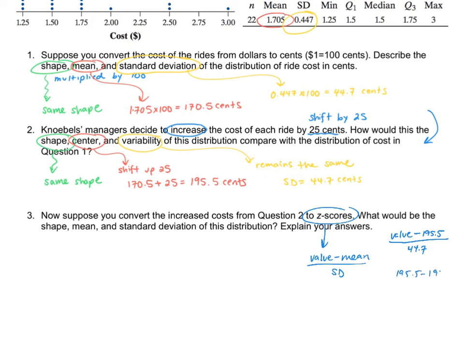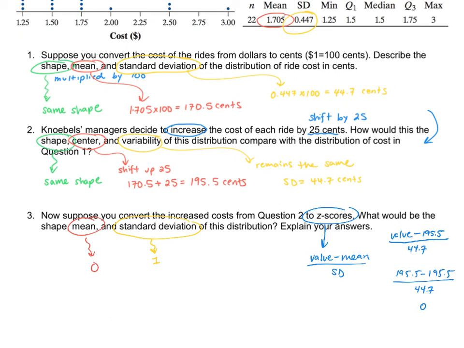And if I subtract that, it doesn't matter what I divide by. That mean is going to always be 0 once you standardize it. So the mean is always going to be 0 in a standardized distribution. And the standard deviation is always going to be 1.